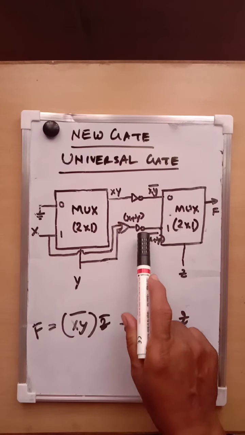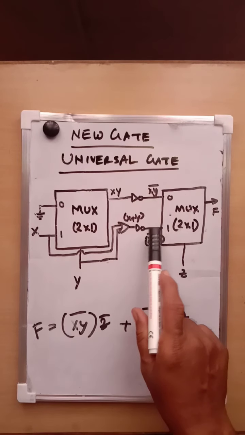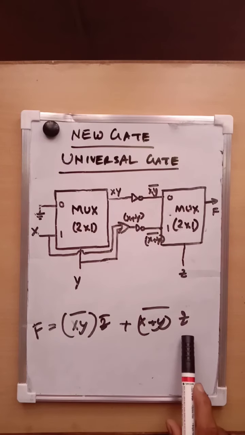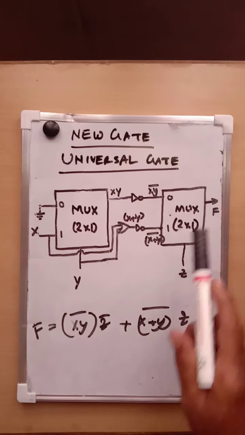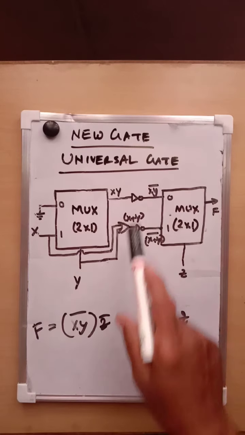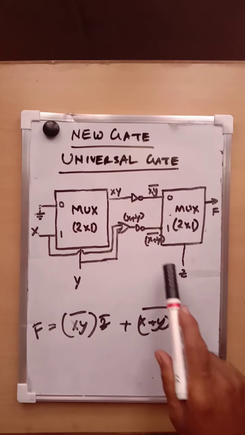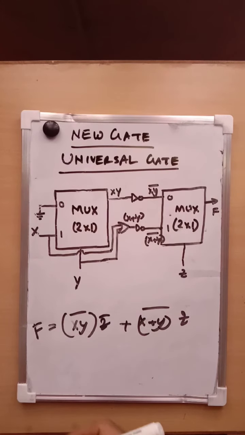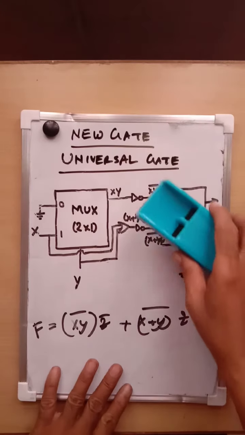And X plus Y bar goes to the output only when Z is equal to 1. That's why we can write the total function as F equals XY bar into Z bar, plus X plus Y bar into Z.